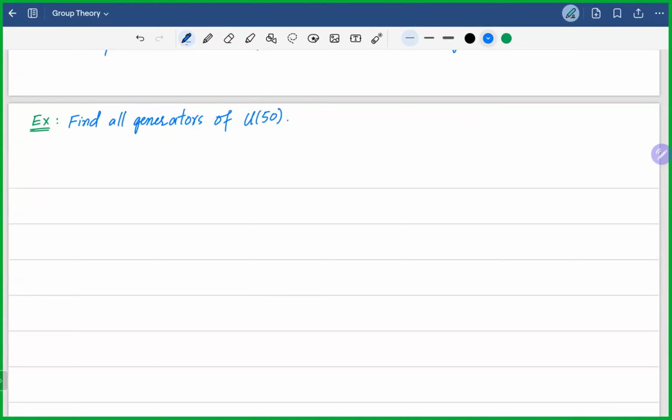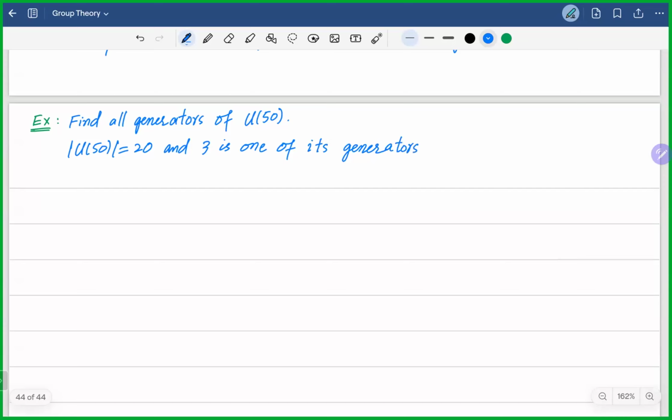Okay. First note that direct computation shows that the order of U of 50 is 20, and that 3 is one of its generators.